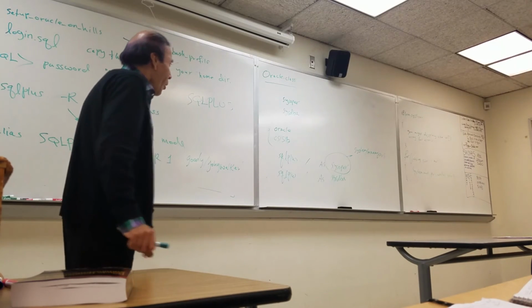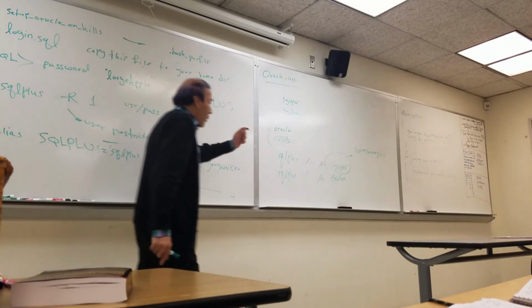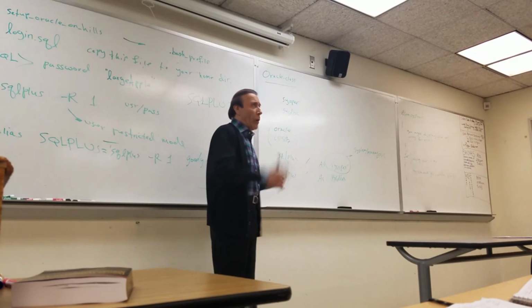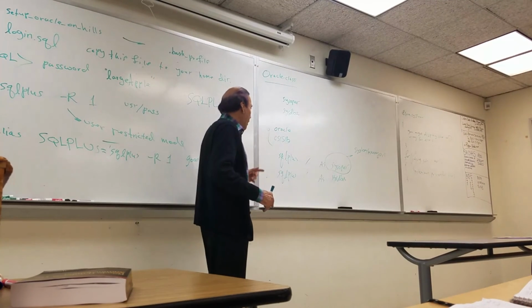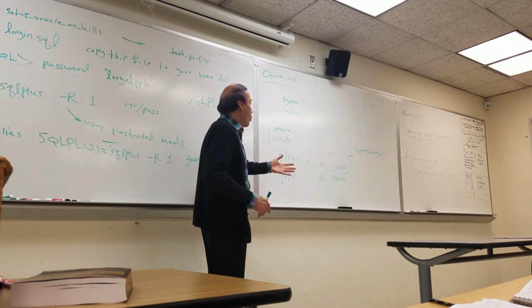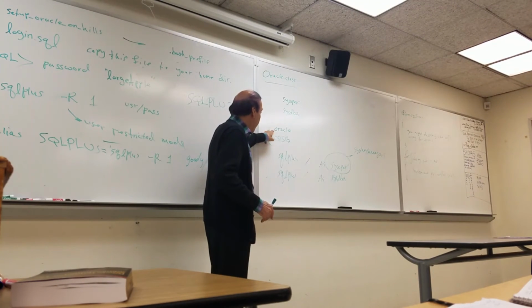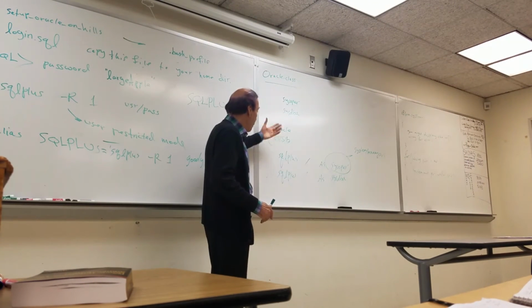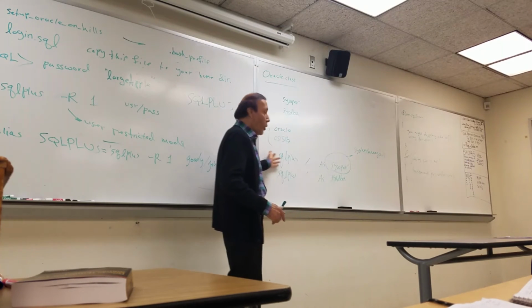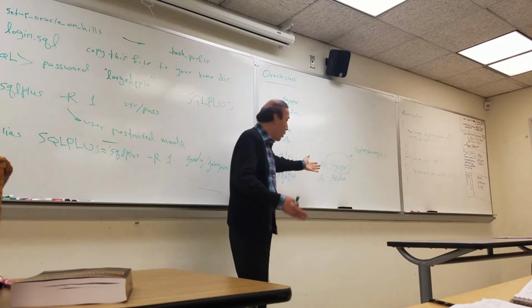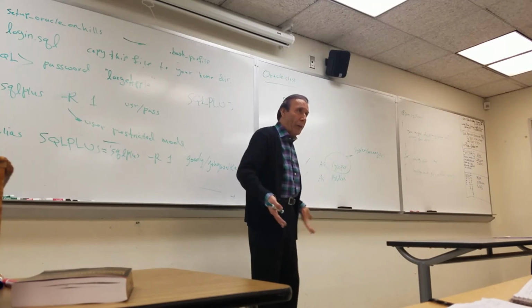Is that right? Well, yes, you are almost correct. One way to be a superpower in Oracle is to log into the Oracle account, for example Oracle and password CS151B, and after that, by issuing any of these commands, you're going to be superpower. This is one.